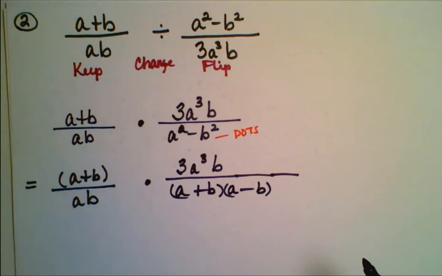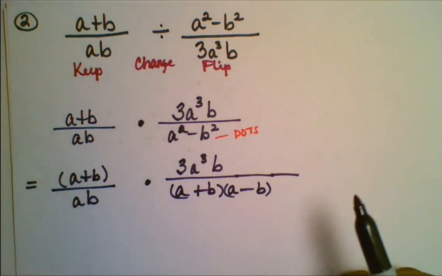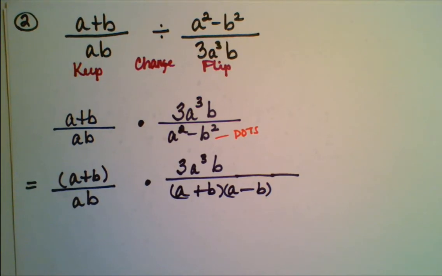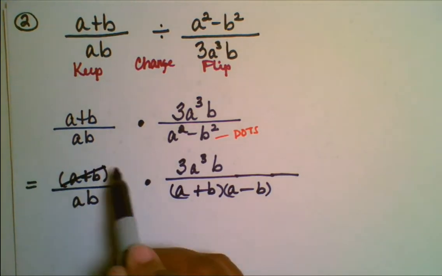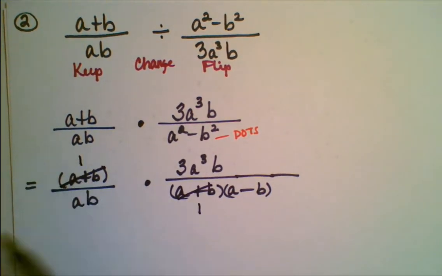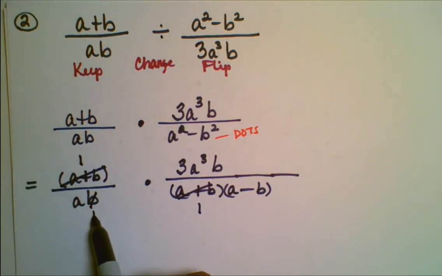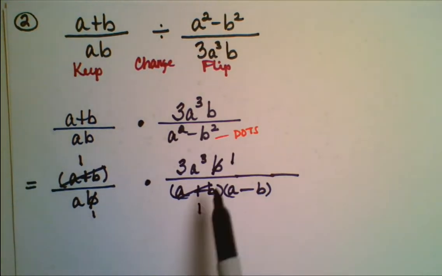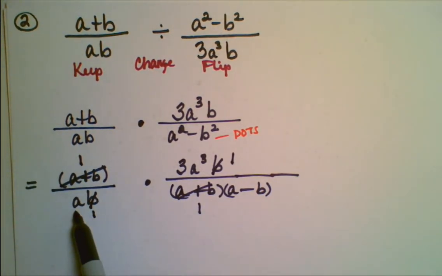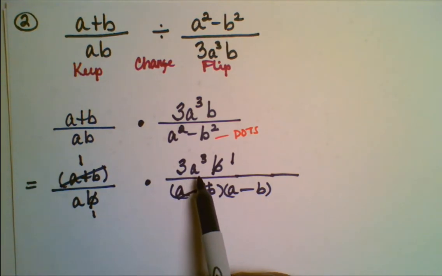And now we can cancel all pairs. That's common to the numerator and denominator, common factors. We can cancel out a plus b. Anything else? Well, we can divide out the b's. And then look at your a. We have a in the denominator of the first fraction, a cubed in the numerator of the second fraction.